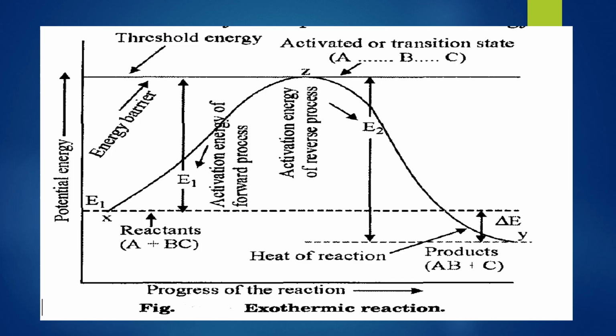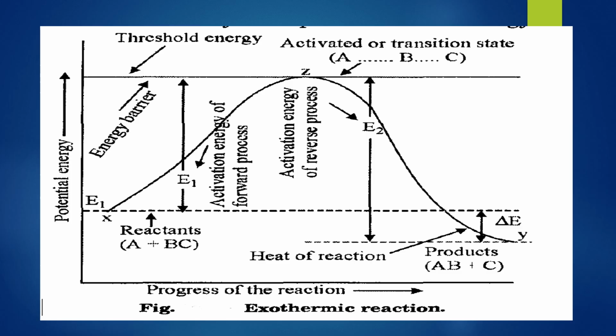Let us see the energy profile for a chemical reaction according to the rate at which the reaction proceeds. Here we are going to consider potential energy along the y-axis and the progress of the reaction along the x-axis.